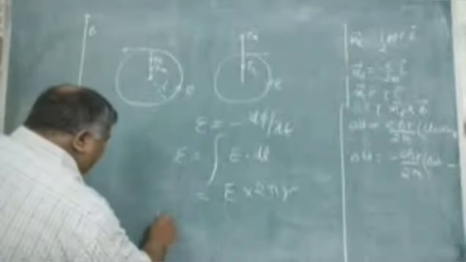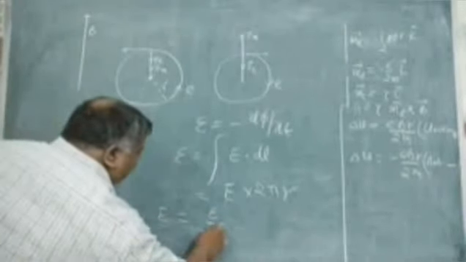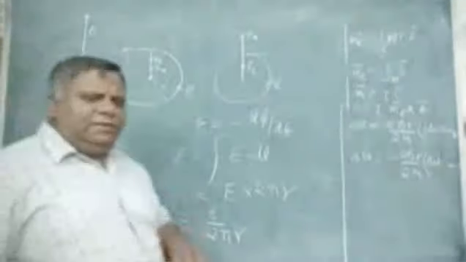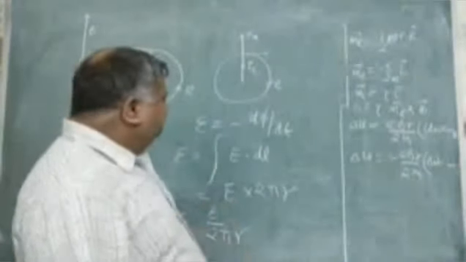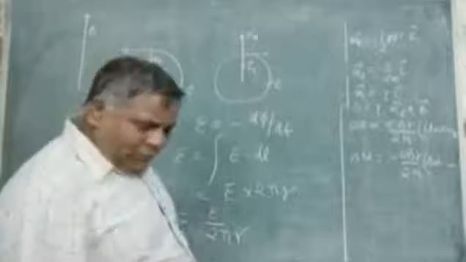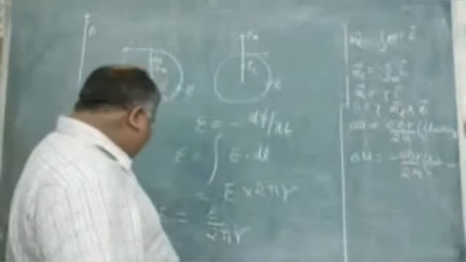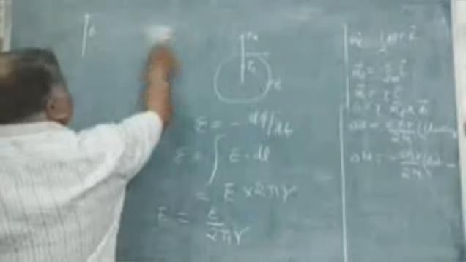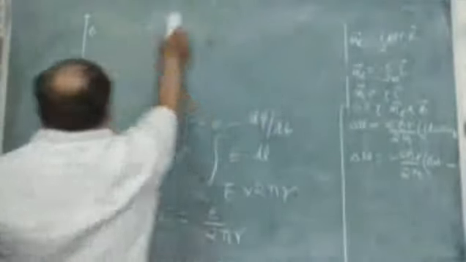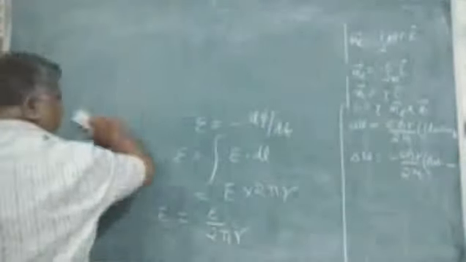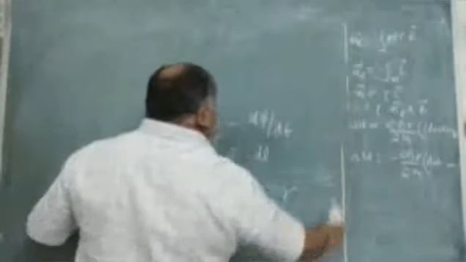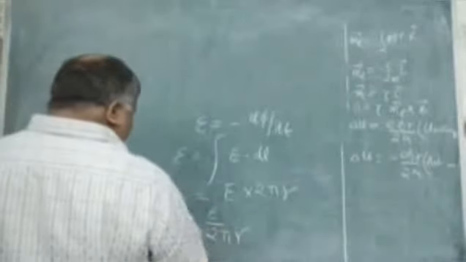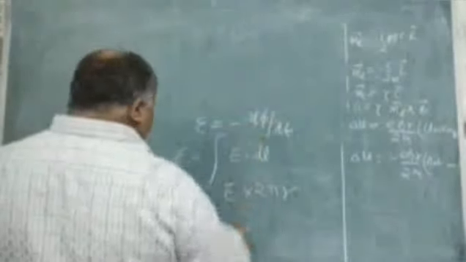So obviously E magnitude is EMF over 2 pi r.